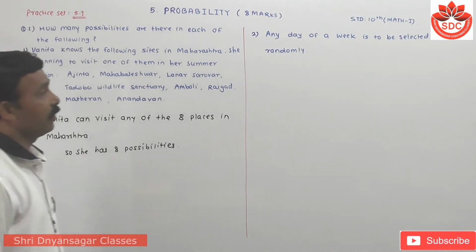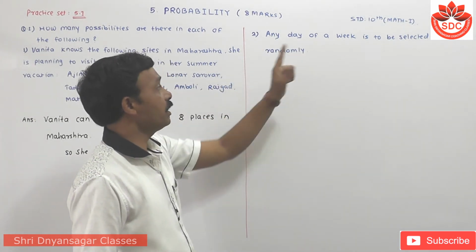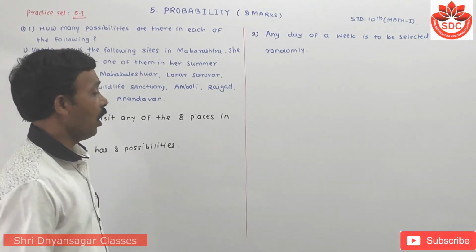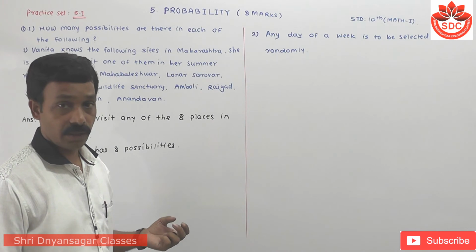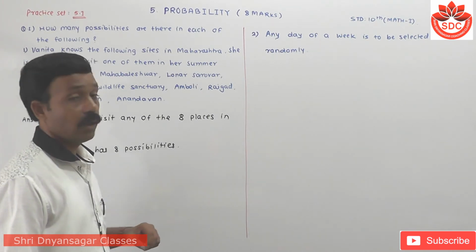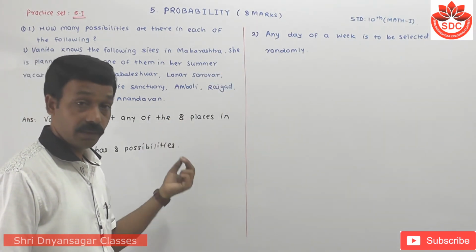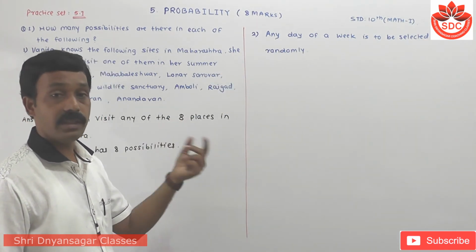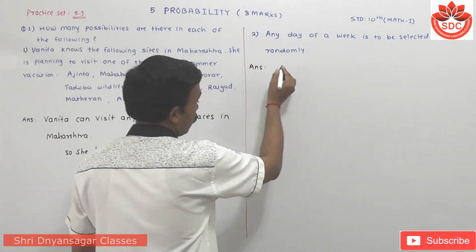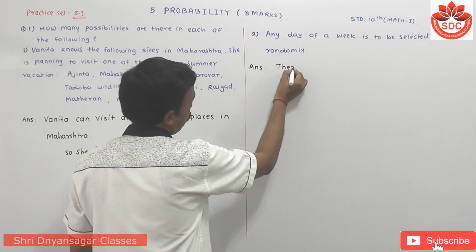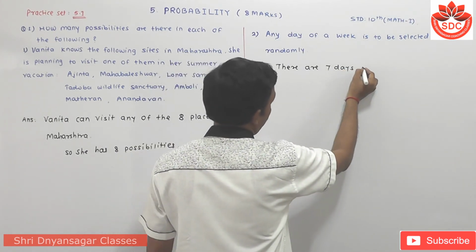Okay, then we take the second one: any day of a week is to be selected randomly. Now students, all of you know how many days there are in a week. There are 7 days in a week. So the possibility of selecting any one day from these 7 is 7 possibilities. So the answer is: there are 7 days in a week.